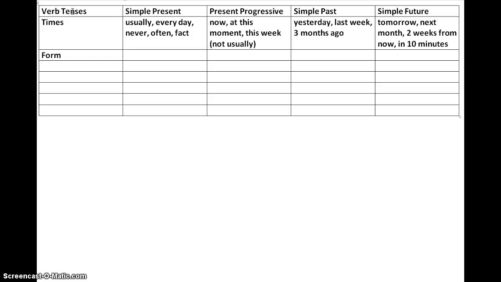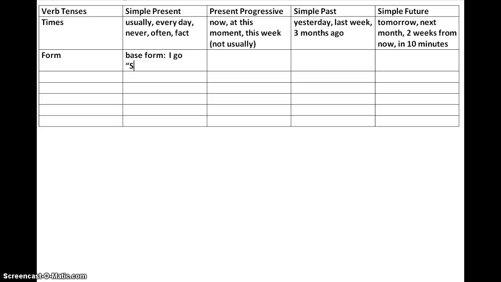For the form, simple present uses either the base form, such as I go, or the S form for he, she, and it, he goes. In present progressive, we always use be plus ing.